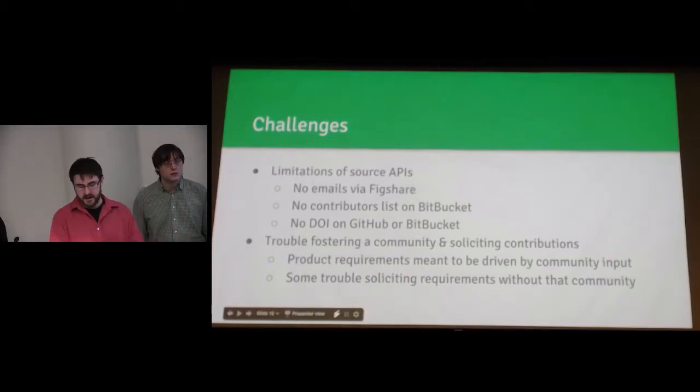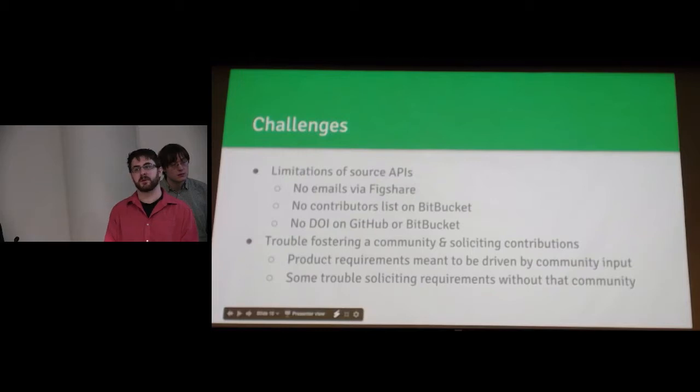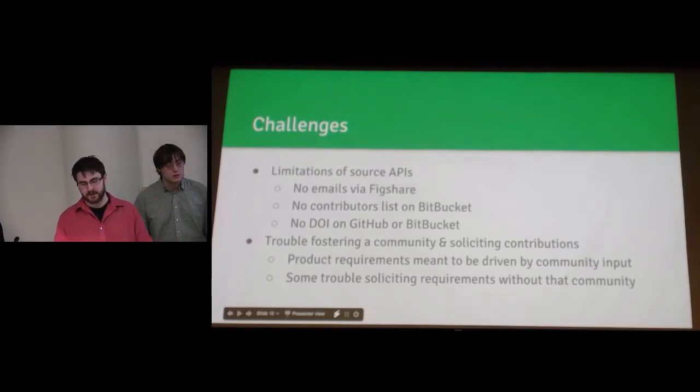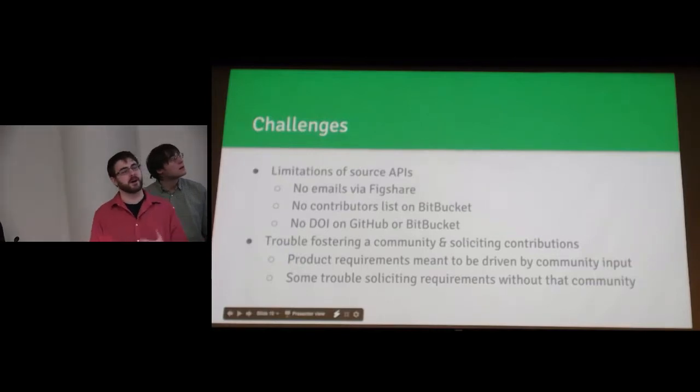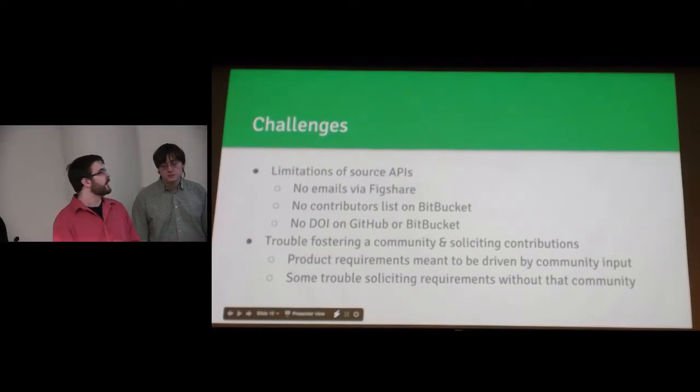Figshare does have it, but GitHub and Bitbucket do not. And really, even without the API, there's no way to manually determine a DOI. The only way you could really associate a DOI with a code repository in those is to put it in a documentation folder or in the root directory of your project, which would obviously be difficult to determine. Hey, is that a DOI? Can we pull that out?